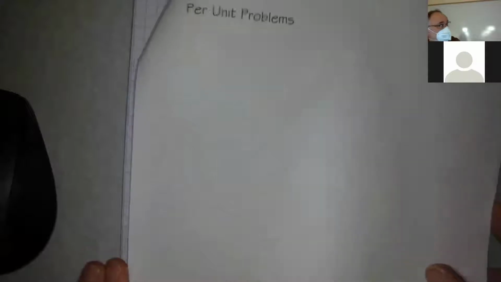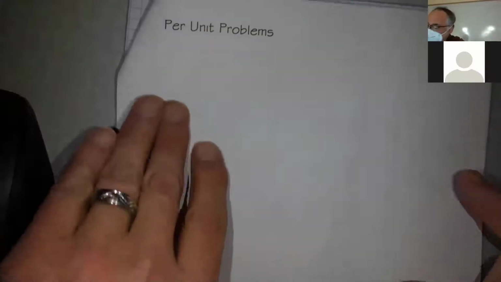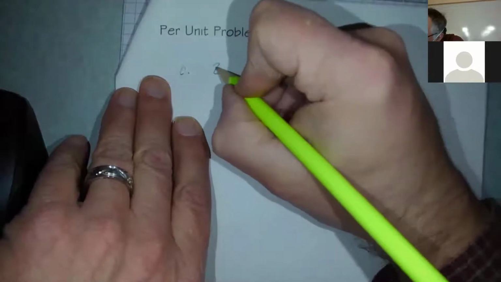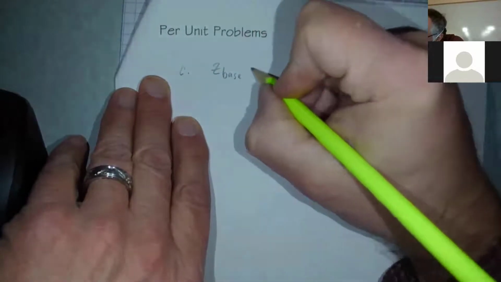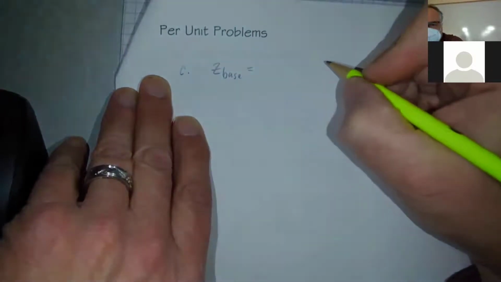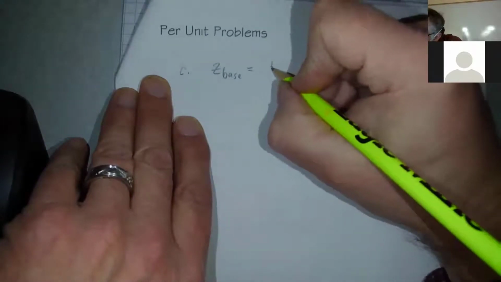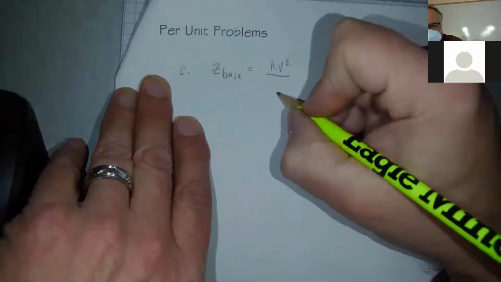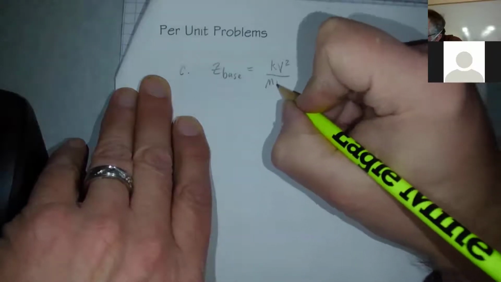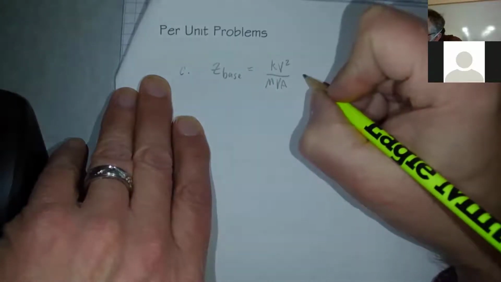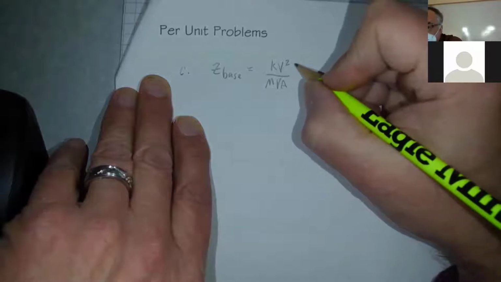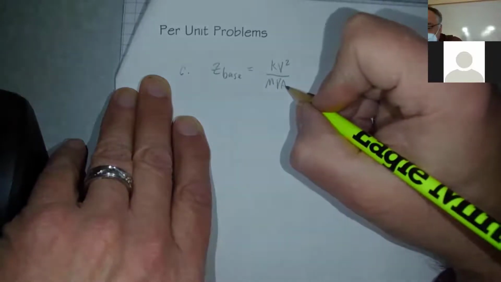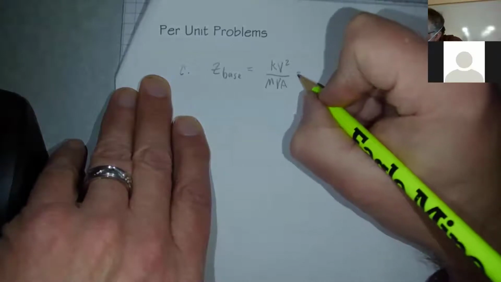Next one, that would be C. We want Z base. And remember, one of the ways of doing this is just taking the kV squared over the MVA. 10 to the third squared is 10 to the 6, and MVA is 10 to the 6, so those two cancel out.